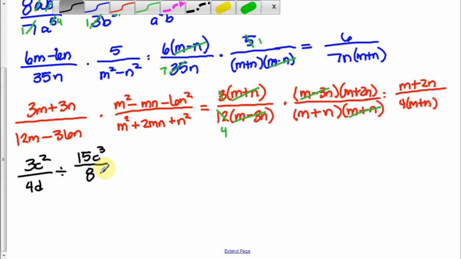All right. So we're going to keep the first fraction. So don't cancel or reduce anything until you have done the process of changing it to a multiplication problem. So keep the first fraction. Change the sign to multiply and flip the second fraction.